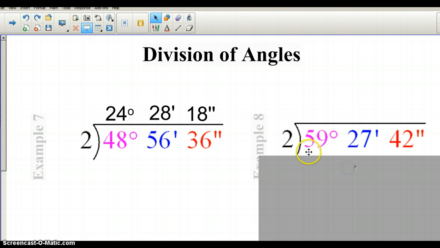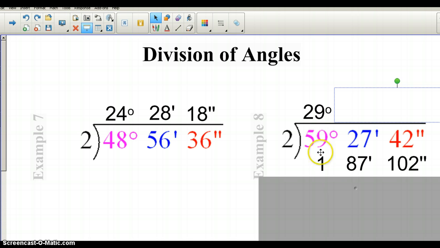If I take 2 into 59, you'll see it only goes 29 times, correct? Because 29 times 2 is 58. That's 1 extra degree. Well, 1 extra degree is 60 minutes. So instead of 2 going into 27, I have to give the extra degree.